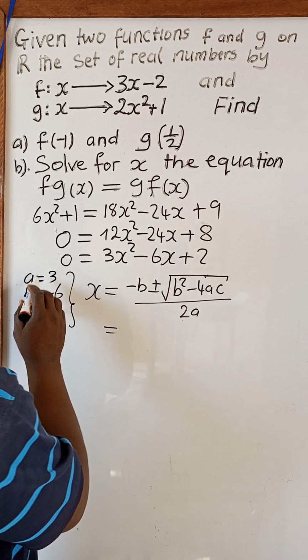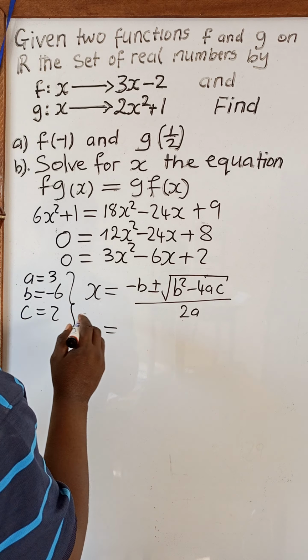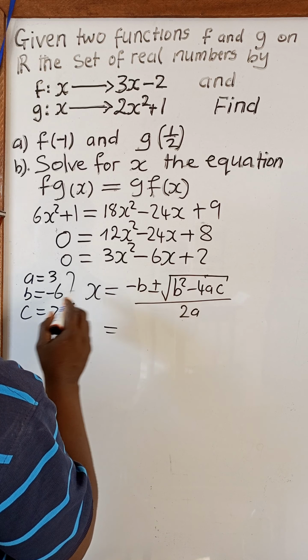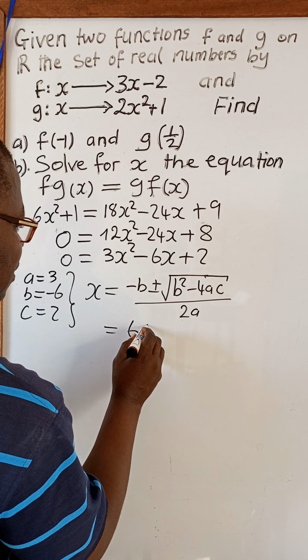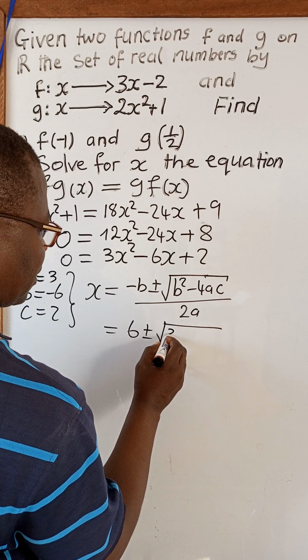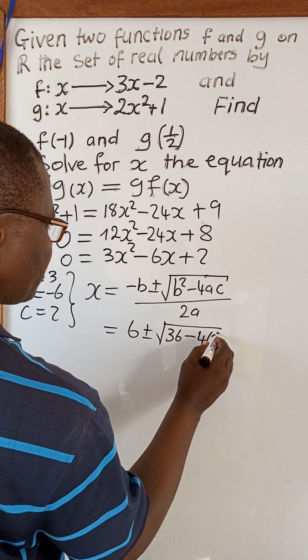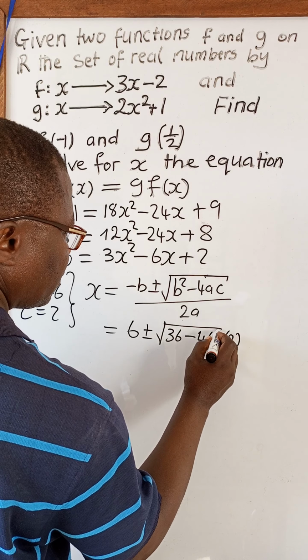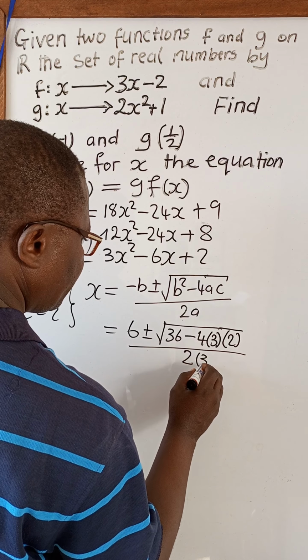Let us put in our values carefully, handling the signs with a lot of care. This is negative b, and b here is negative 6. So negative 6 is what? Positive 6 plus or minus root negative 6 squared is 36 minus 4 into a into c, all of that divided by 2a.